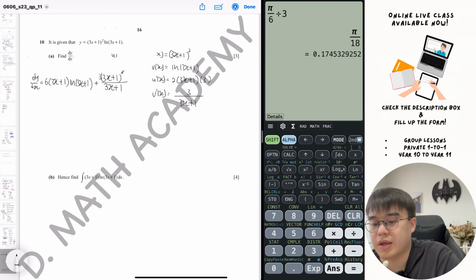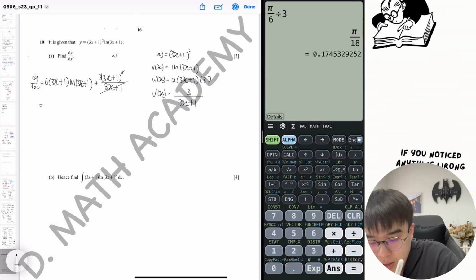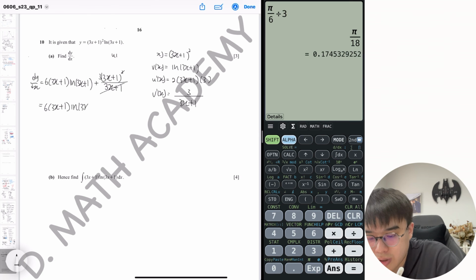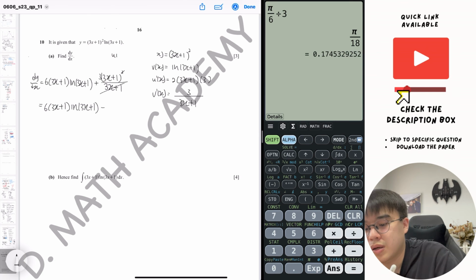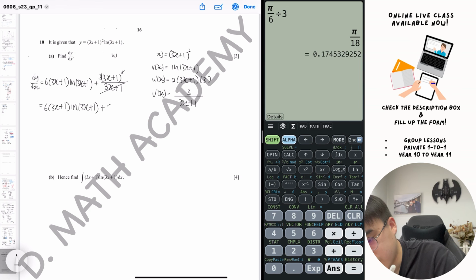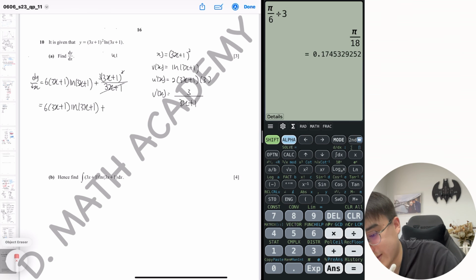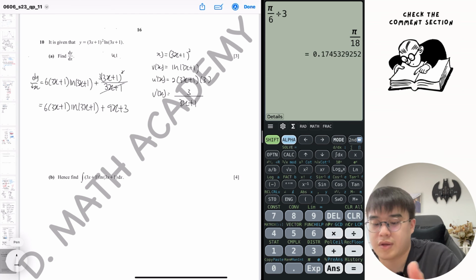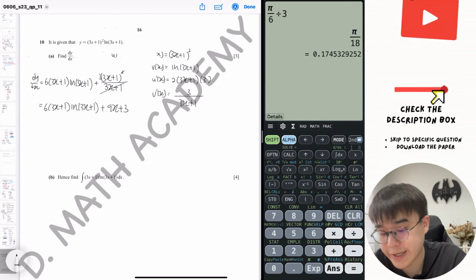Okay, where it can be further simplified, and you should be getting 6 times 3x plus 1 ln 3x plus 1 plus 9x plus 3. Okay, so this will be my answer here.